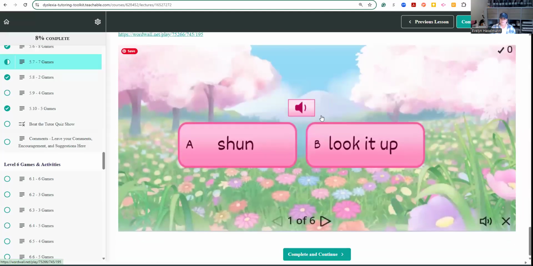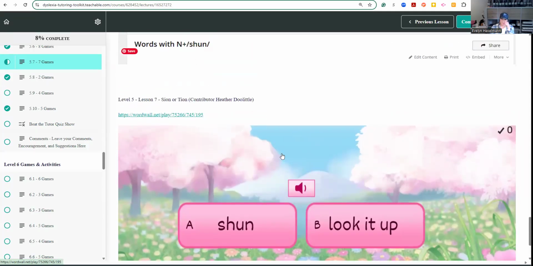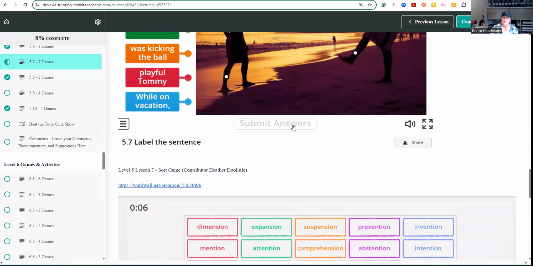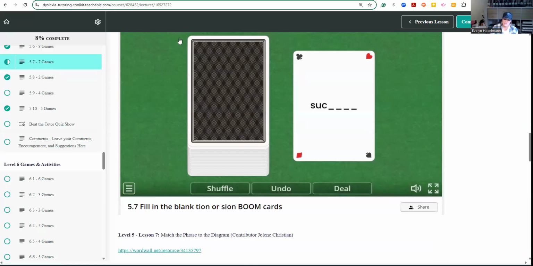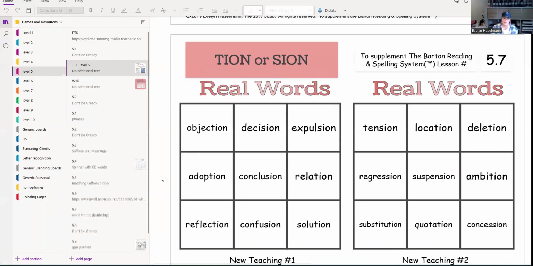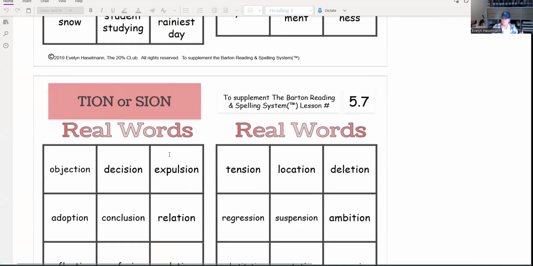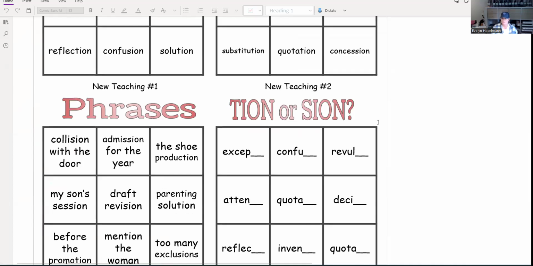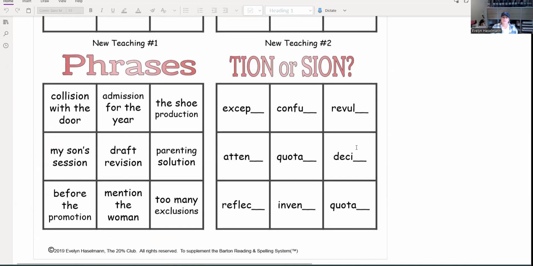This one looks like you've got to have your volume on. I probably wouldn't play this game. It's pretty short, and I usually need stuff that's longer. So there's a couple resources, and then we also have the tic-tac-toe boards, and usually the last one always has something a little bit more challenging, TION or SION.